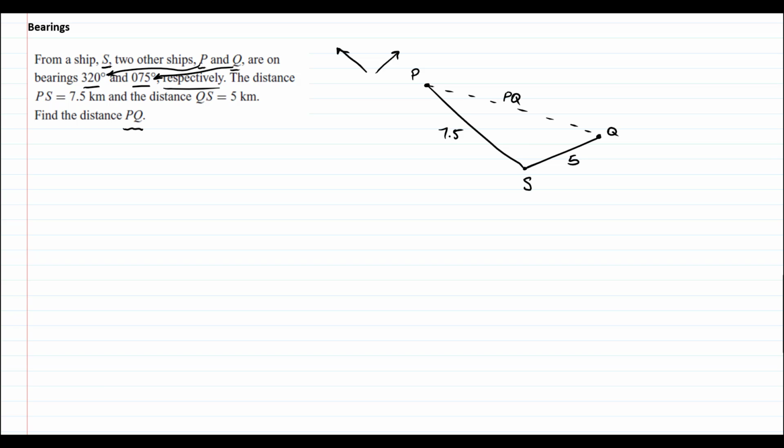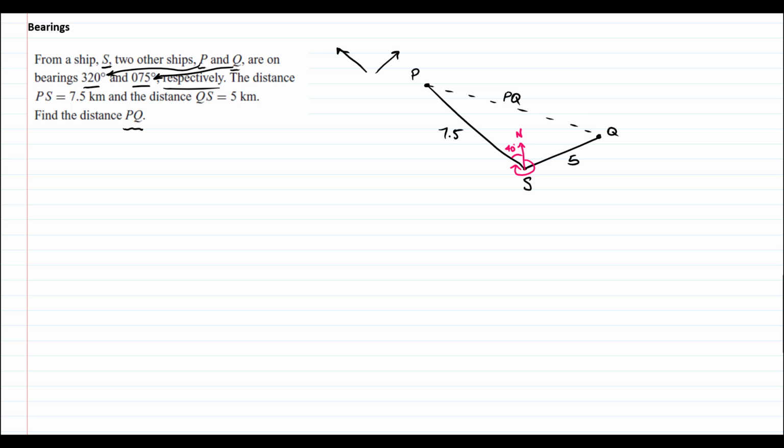So first, we've been calculating bearings, so this should have a north component. And now that I've got that, and I know that the ship P is on a bearing of 320, well, that leaves 40 remaining for this angle, because 320 is the whole way around to there, and 360 is the total rotation.